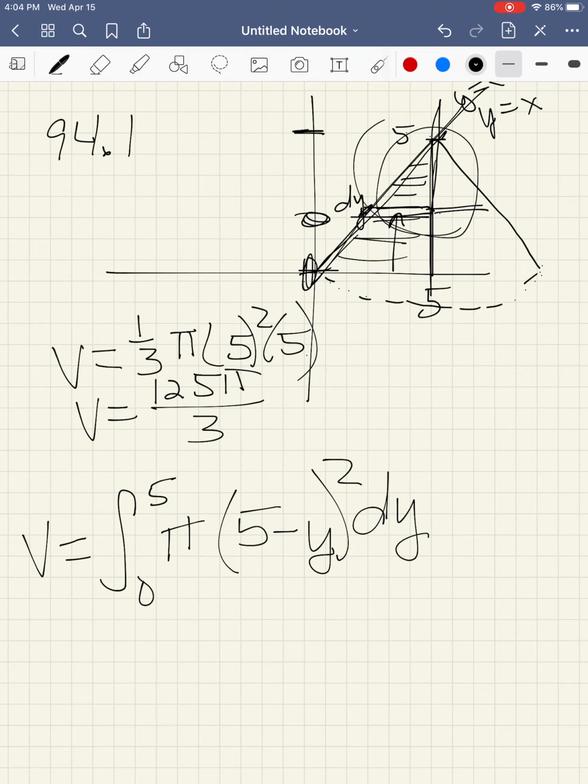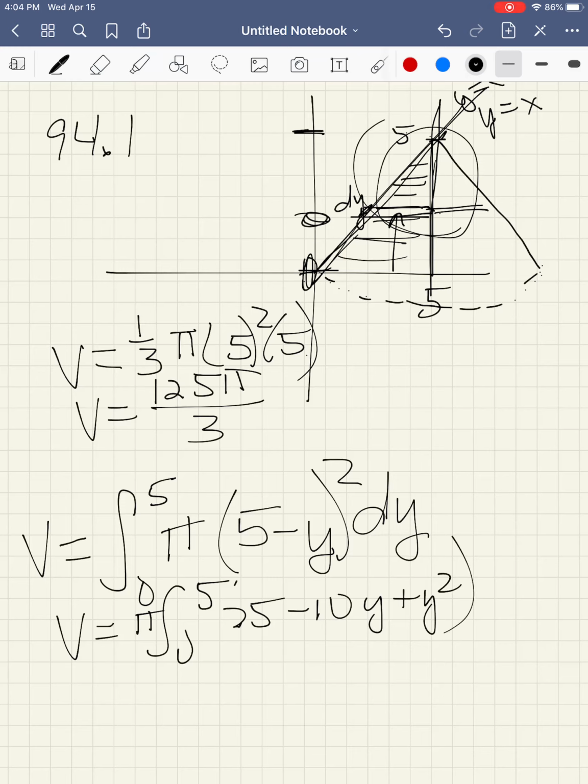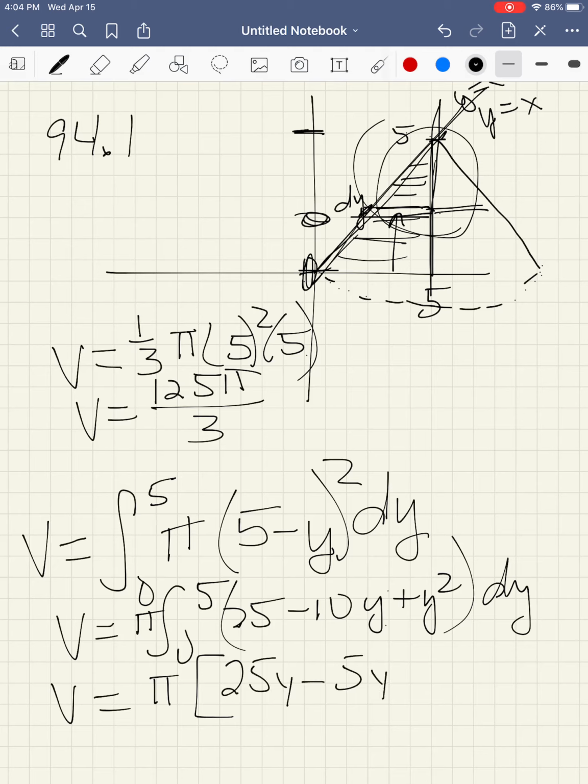Okay, if we go to integrate this, remember we have to use FOIL and multiply it out. I'm going to pull that pi out in front. So that's 25 minus 10y plus y squared dy. Now integrate. V equals pi times 25y minus 10y squared over 2, which is 5y squared, plus y cubed over 3, evaluated from 0 to 5.